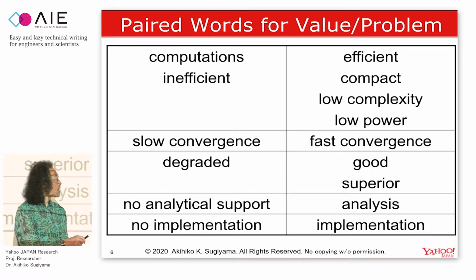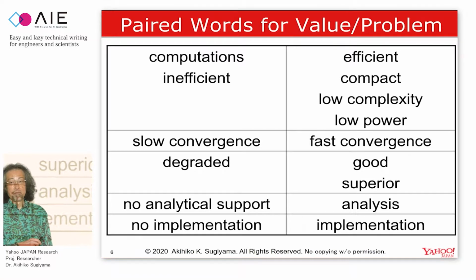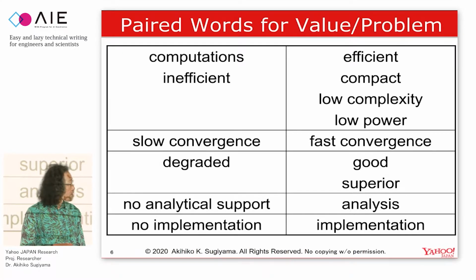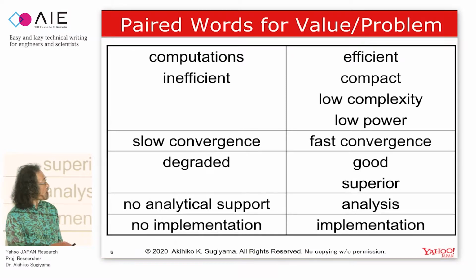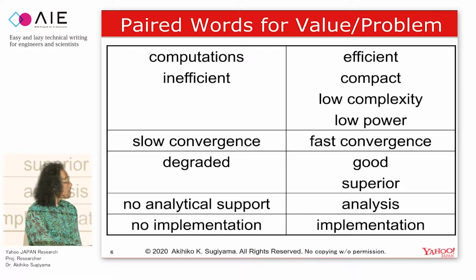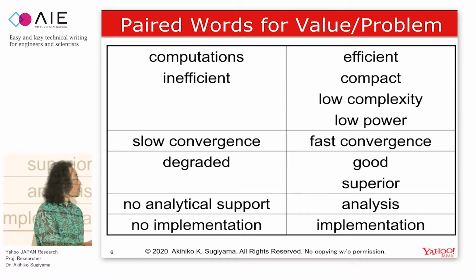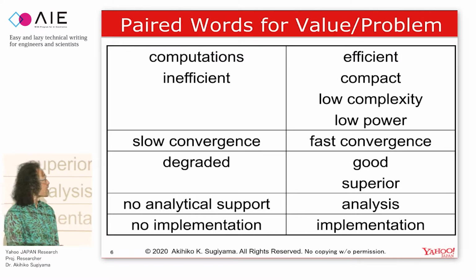For example, computations is one of the problems when you design or assemble a practical system. You would like to have a small number of computations. An opposite word to computations is efficient, because when you have a big number of computations, it's a sign of inefficiency.